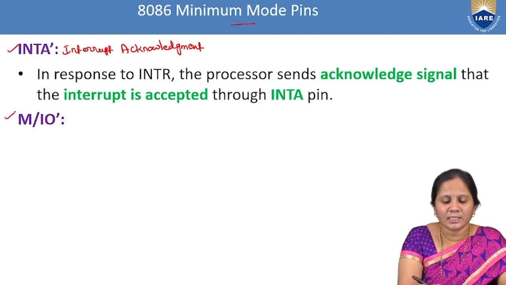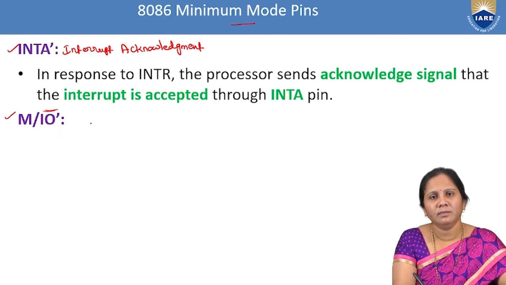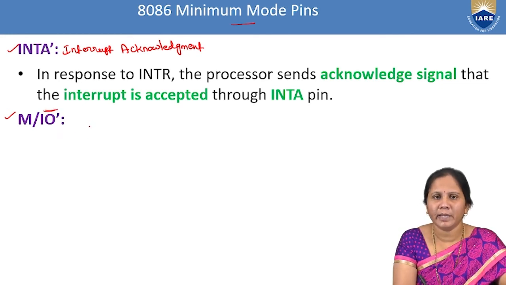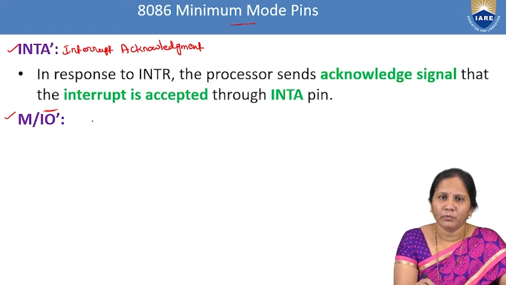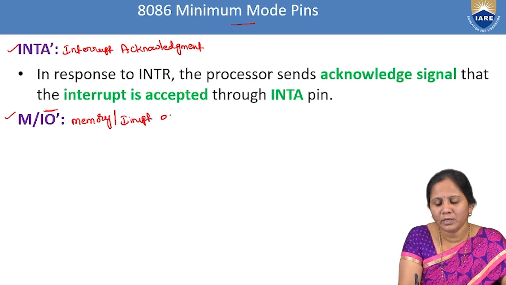And the next signal is M by IO bar. This is an active low signal. The reading or writing operation can happen from the memory or from the IO device, or to the memory or to the IO device. So M by IO bar represents memory or input output.